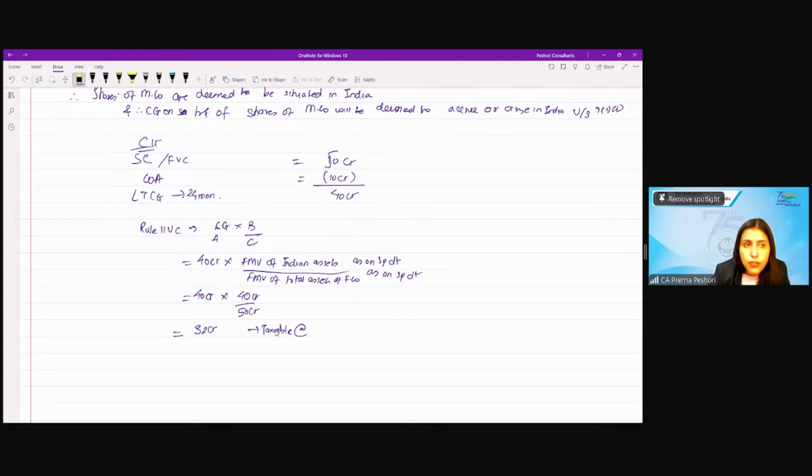So in case of the long-term capital gain, under 112, in case there is a non-resident which is transferring the shares, what was the tax rate?